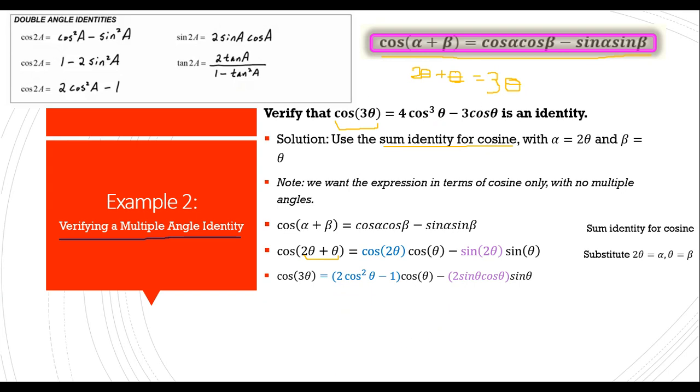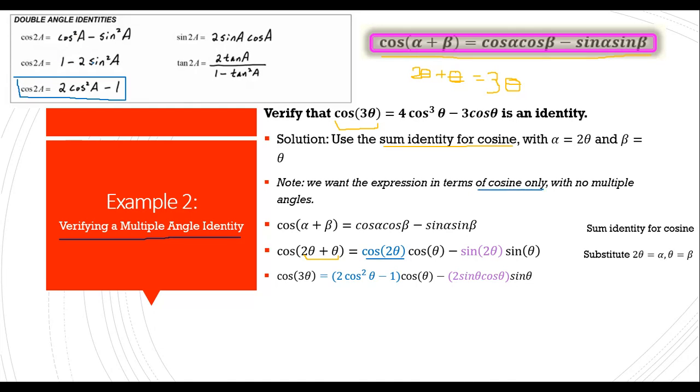So something tricky that's going to happen is on the right-hand side. Cosine of 2 theta times cosine theta minus sine 2 theta sine theta is going to start bringing in our double angle identities. Now, cosine 2 theta, we're going to use this one: 2 cosine squared theta minus 1, because remember, we wanted them in terms of cosine only.